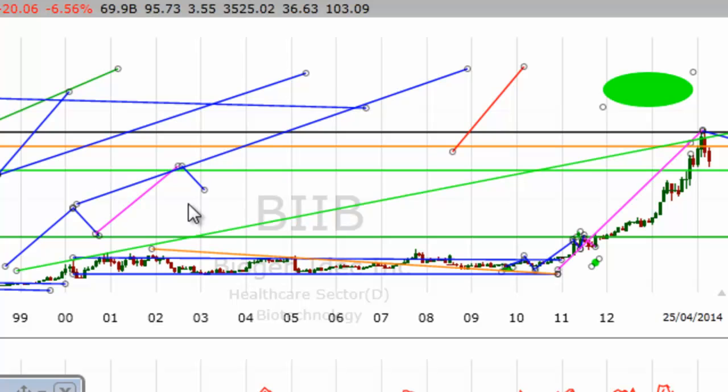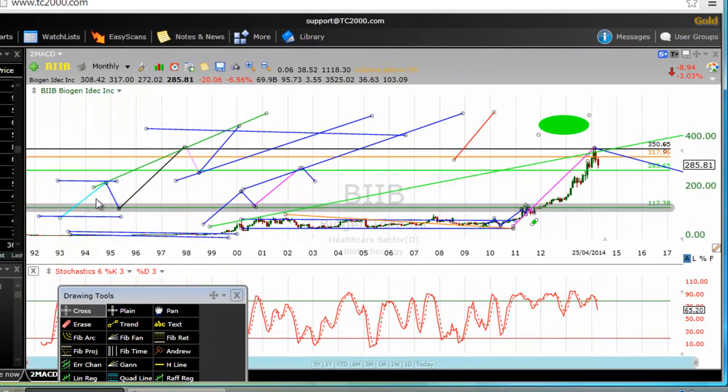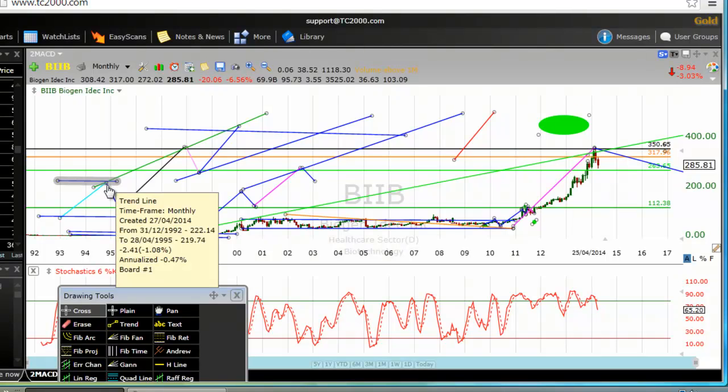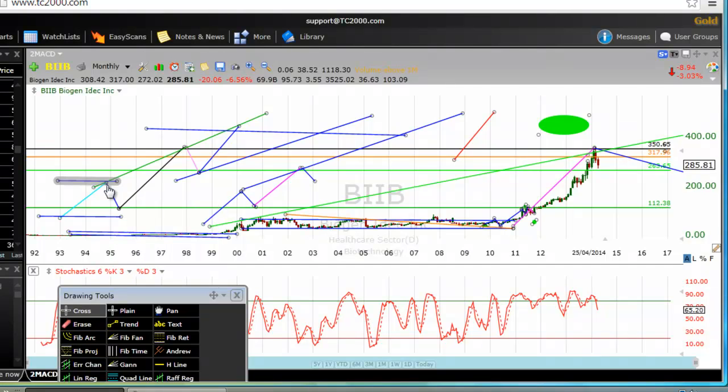But we will do something else instead of using the equality, because we know that the fifth wave is going to be extended, which means it's not going to be equal to the length of the first wave. It's going to be higher than the first wave based on the magnitude and the length, because it's going to be extended.